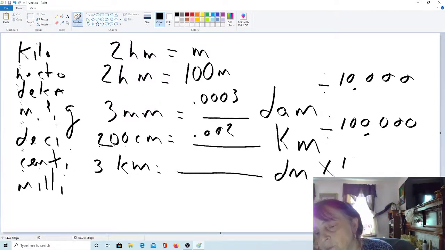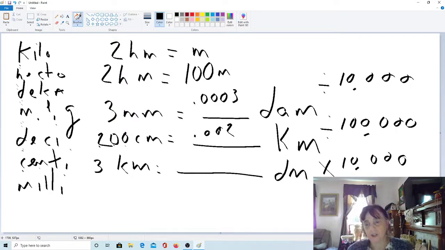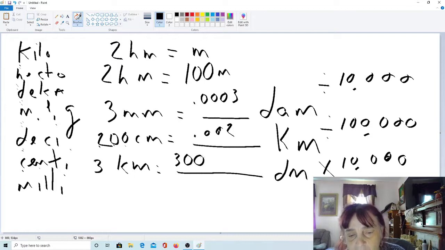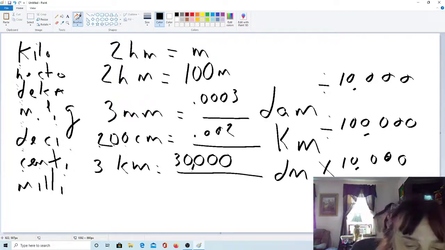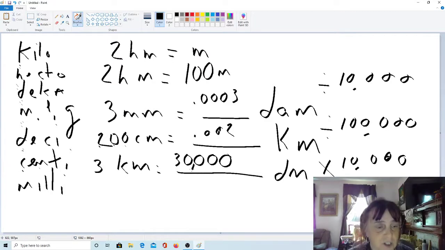So you multiply by 10,000, which has 4 zeros, so you move 4 places to the right. You have 3, and here's 1, 2, 3, 4. That's 30,000. Okay, 3 kilometers is 30,000 decimeters.